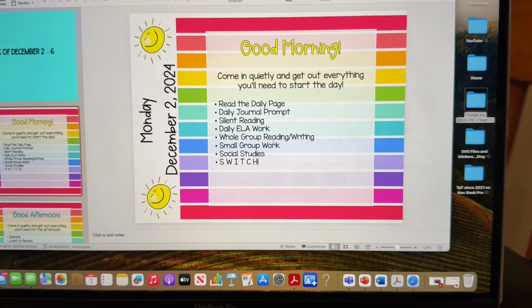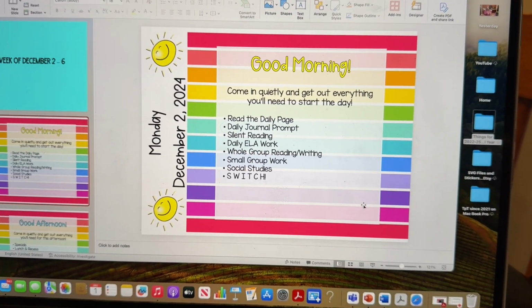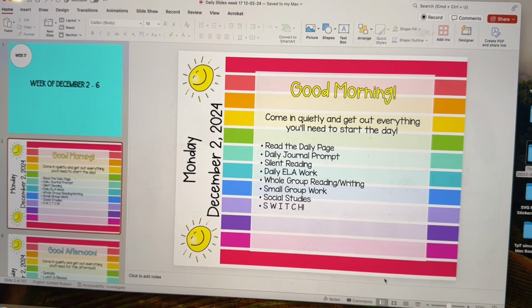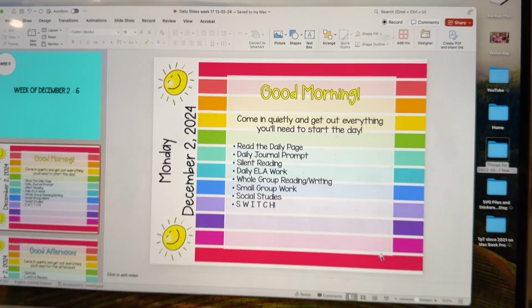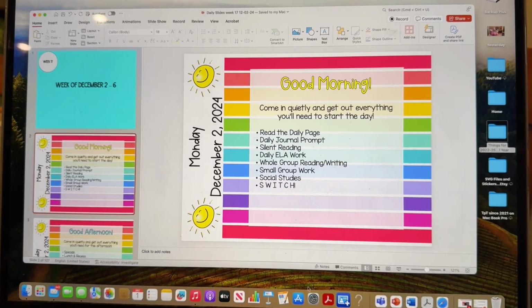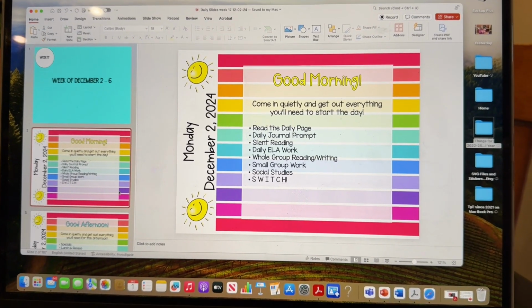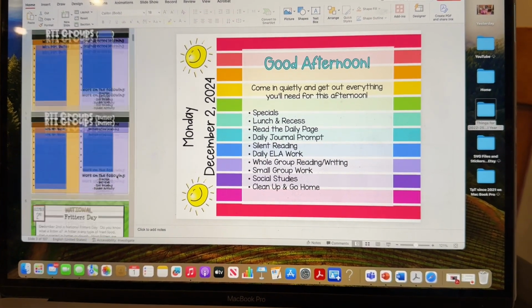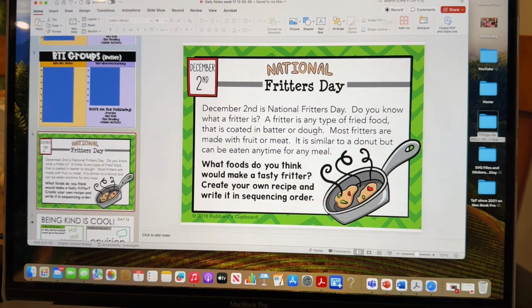I have my good morning slide. To be fair, though, the kids rarely see this slide because I usually start on, this is a little tricky to record and try to maneuver this. Here we go. All right, so morning, afternoon. Usually the slide I have up is this one.